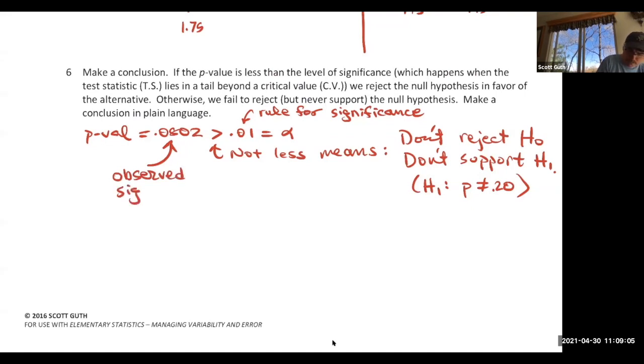You just pick the rule out of thin air. You make rules before you play games, right? Somebody makes the rules up. So you can pick any rule you want, but don't do 20% for significant, because significant events can't be events that happen 20% of the time randomly. It has to be rare. We don't want this to be something that just happens by chance. It has to be something that happened because there's something going on out in the population.